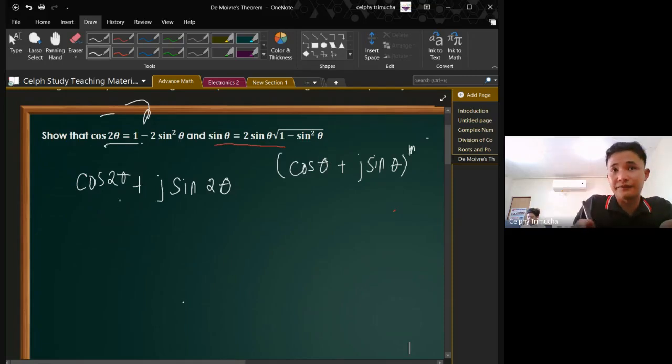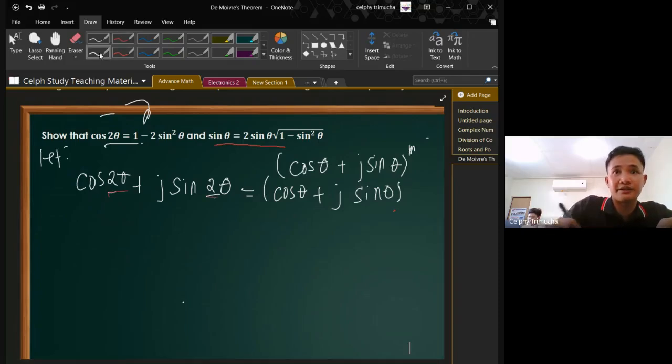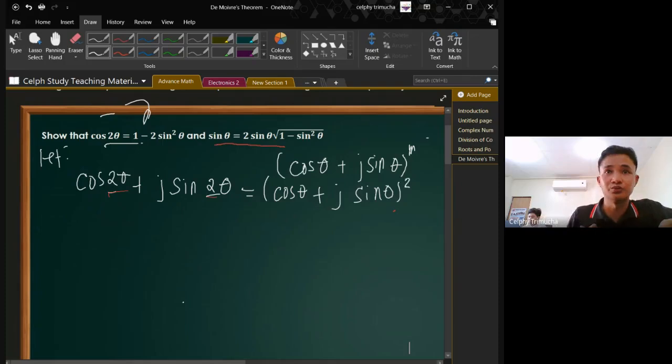So, based sa sining equation, using De Moivre's theorem formula, this will be equal sa amo nga form which is (cosine theta plus j sine theta). So, kung ano na lang nga number ang ari dari, so muna imo nga mga exponent. So, this will be squared dari ang aton nga exponent or 2. So, cosine 2 theta plus j sine 2 theta.